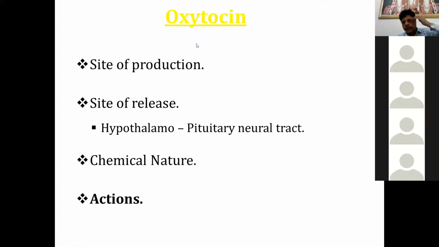So in the last class, we had a detailed discussion about ADH. We looked at the site of production, which is different from the site of release. We saw the chemistry of ADH or vasopressin, its metabolism, its biosynthesis, its half-life, and its physiological actions.